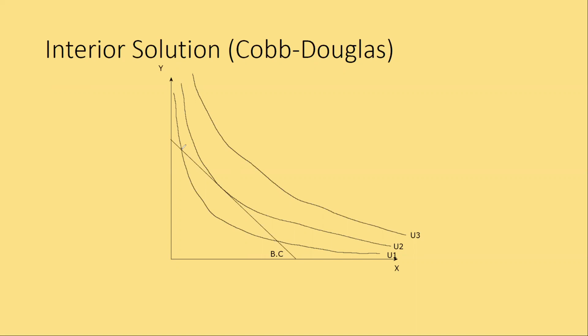It intersects our U1 at 2 points, here and here. It intersects our indifference curve U2 at exactly 1 point, which is here. So this is point A, this is point B, and this is point C. And let me mark another point, point D here, which is on our U3, that is somewhat a random point.